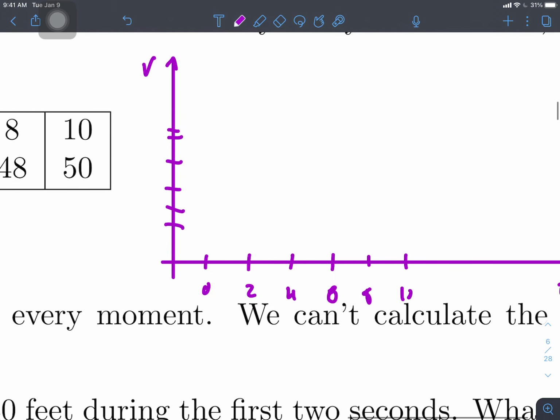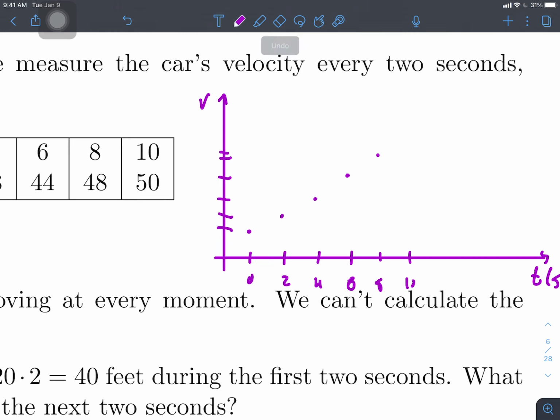So what does this look like? Well, it just goes like this, right? Steadily marching up. Okay, but as for what this function looks like in between, we have no idea.